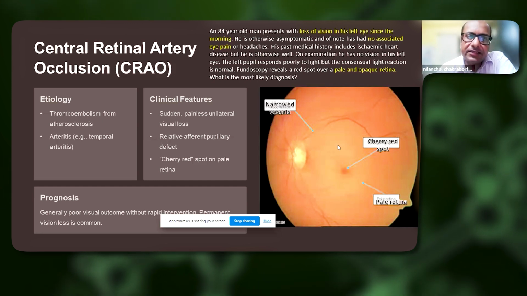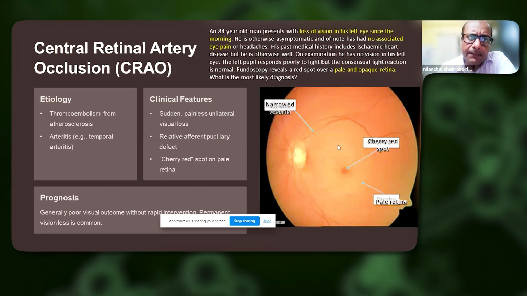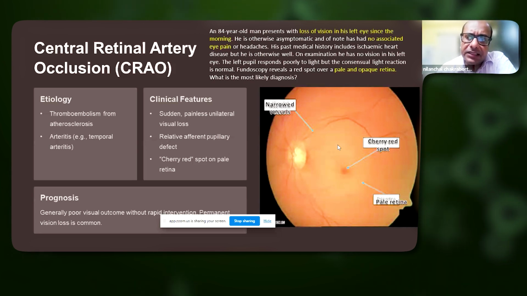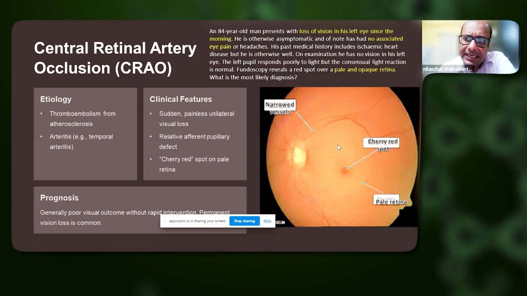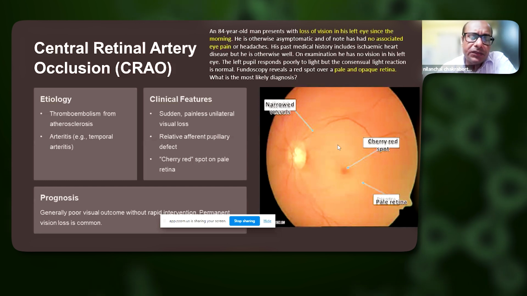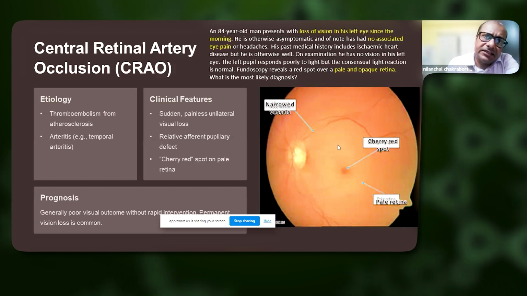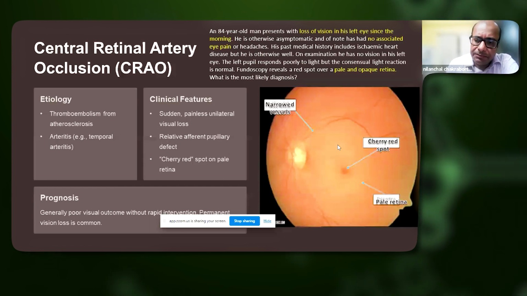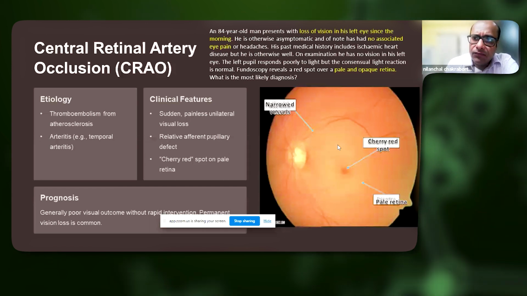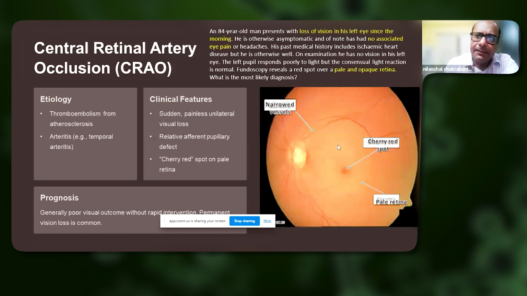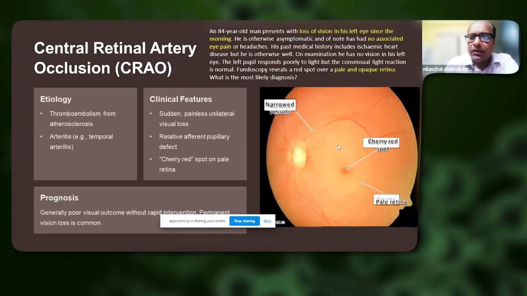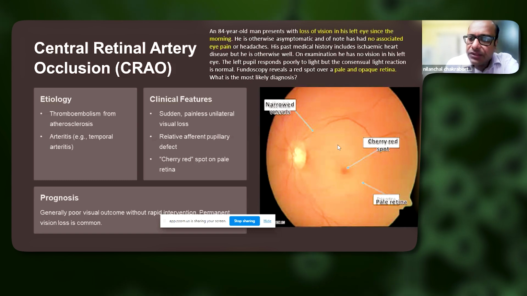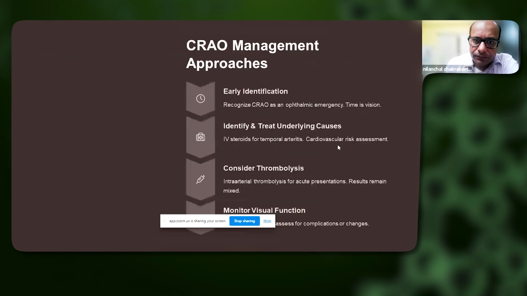The pathognomonic ophthalmological features are narrowed blood vessels, cherry red spot and pale retina, which go in favor of central retinal artery occlusion. So it's an arterial occlusion in a vasculopathic patient who is elderly, maybe diabetic, hypertensive. Most important, sudden painless visual loss with very pathognomonic ophthalmological features.